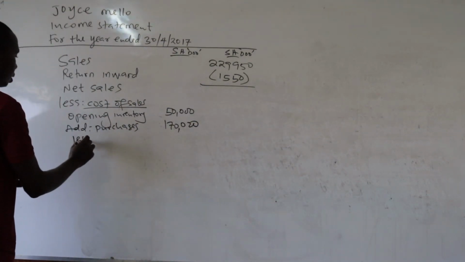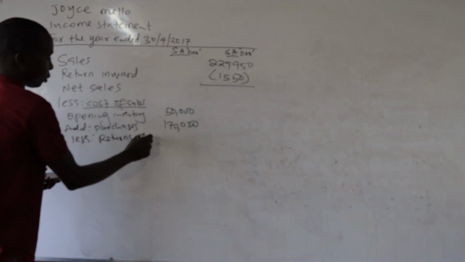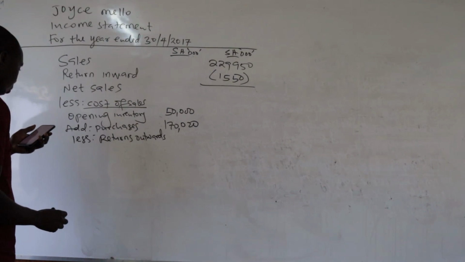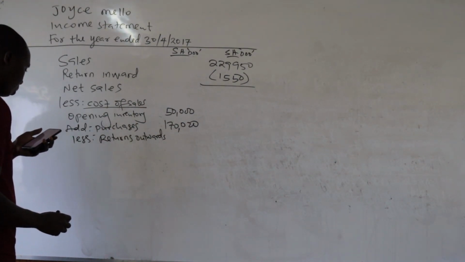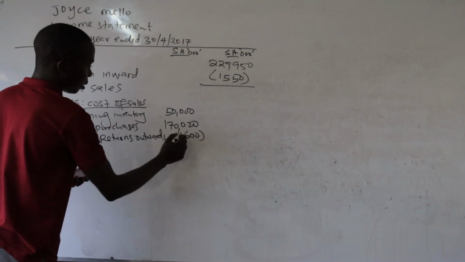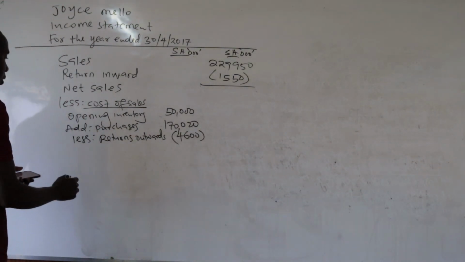We raise return outwards. Remember that if you purchased, then you returned. So was there return outwards? If we check from our trial balance, return outwards of 4,600. It's there in the trial balance.